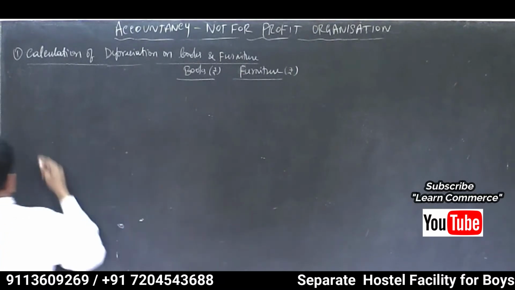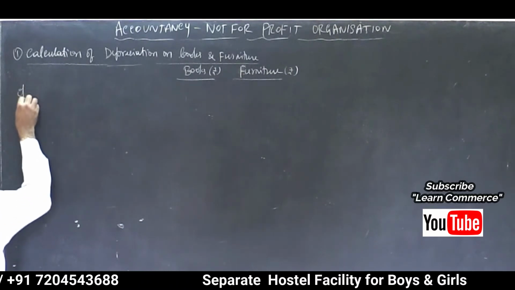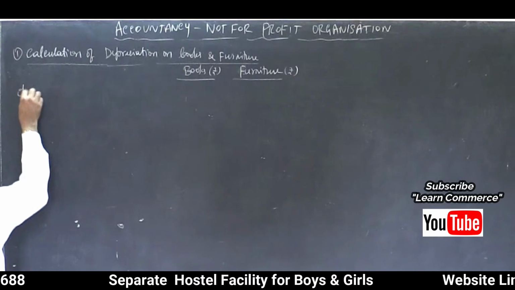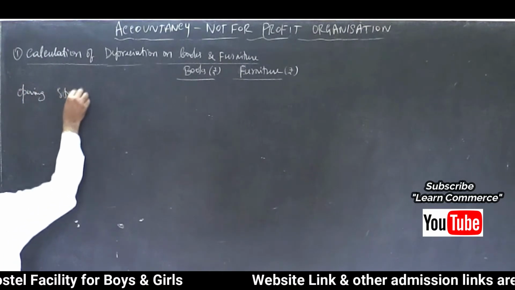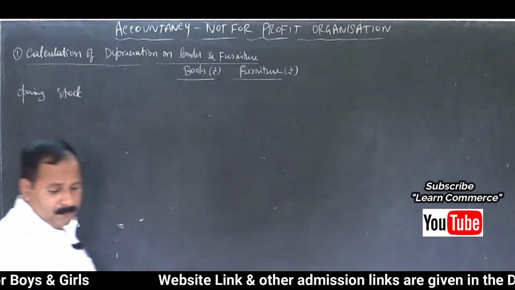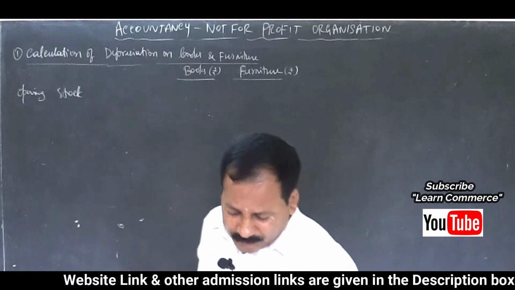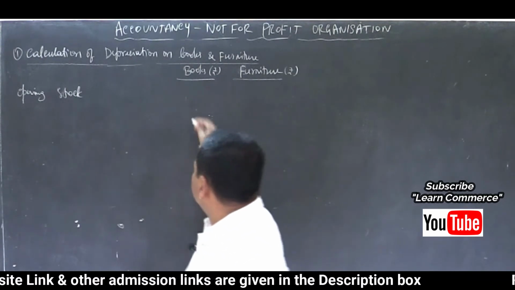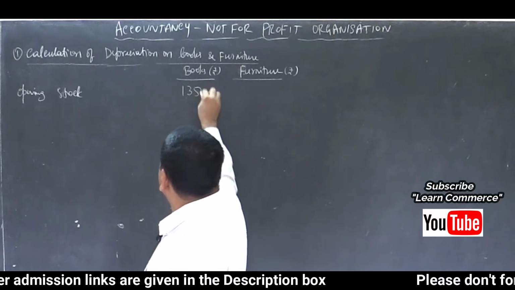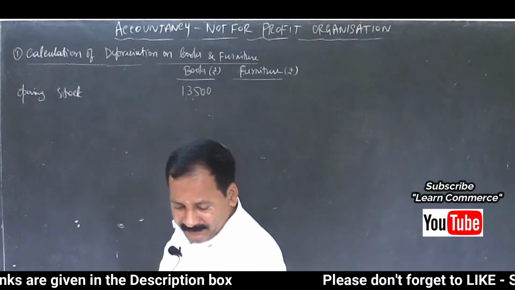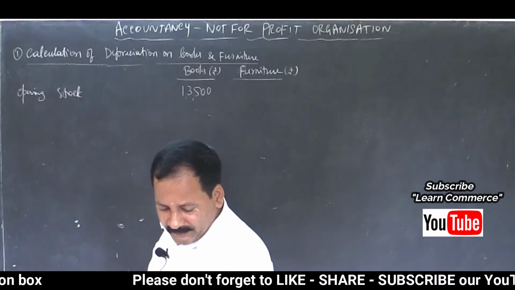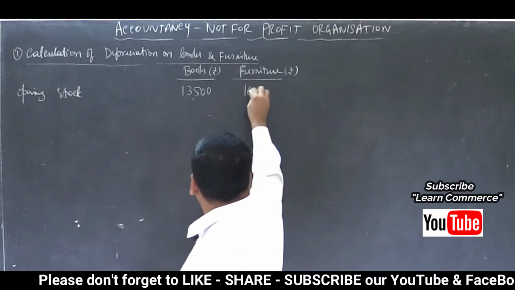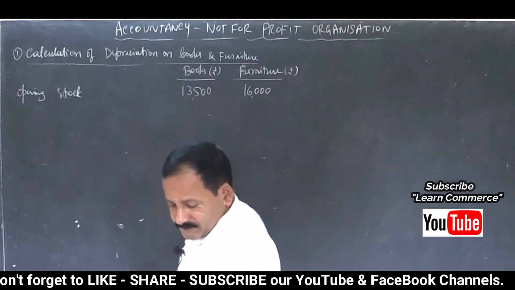Right here, information. Opening stock: books 13,500 and furniture 16,000.